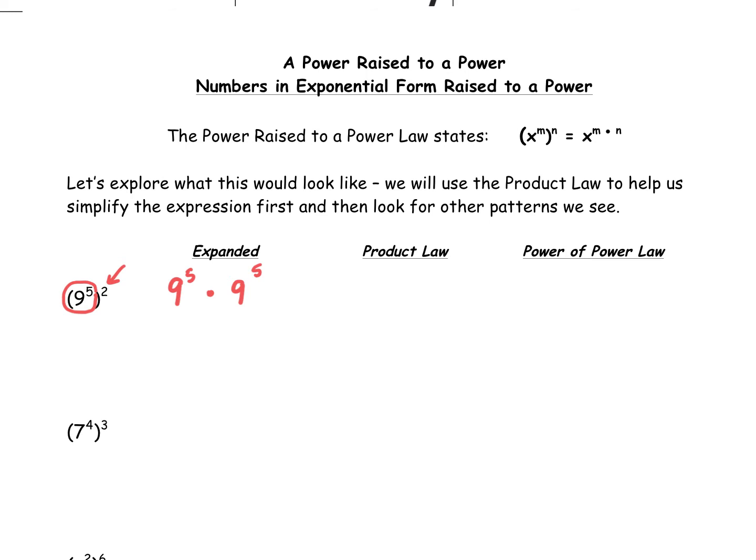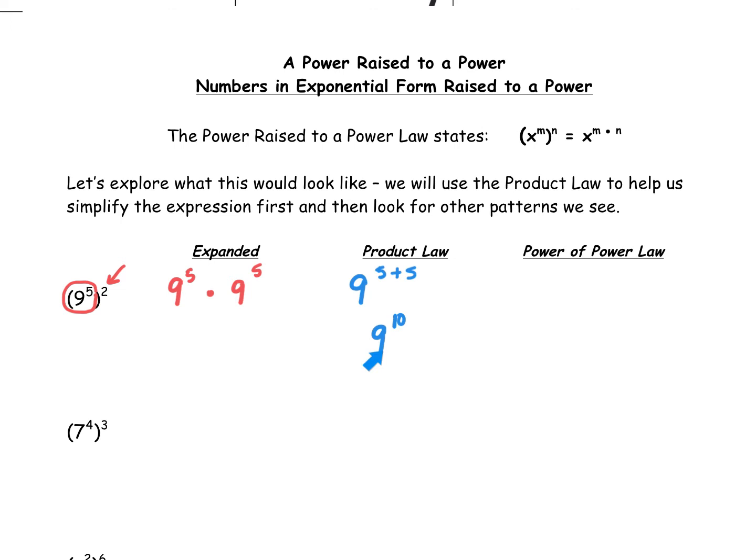Now that I've expanded that, or quasi-expanded it, not fully expanded, I can see I can use the product law. I'm going to keep the same base, and I'm going to add the exponents. So if you recall, when I see multiplication, I add the exponents. And so the answer to that is going to be 9 to the 10th power.